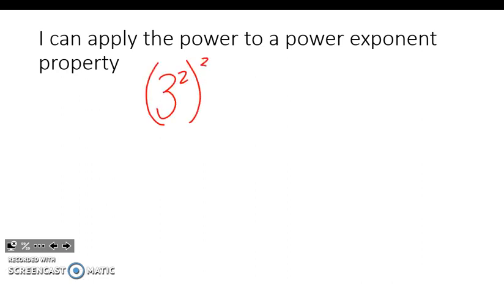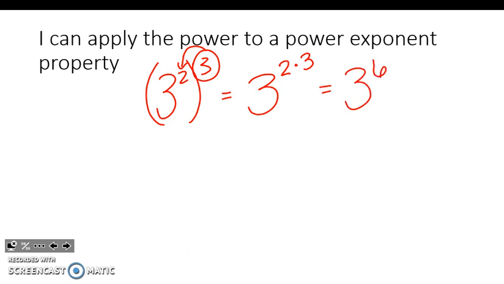So our problem is 3 squared raised to the power of 3. So you need to distribute and multiply that number on the outside. So we're going to get 3 to the second times 3, which is going to be 3 to the 6th.